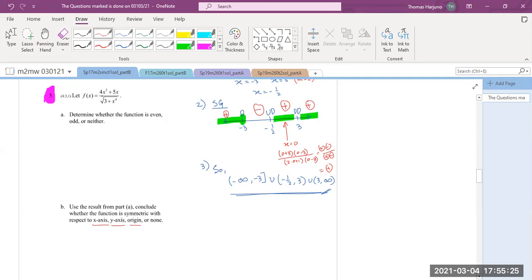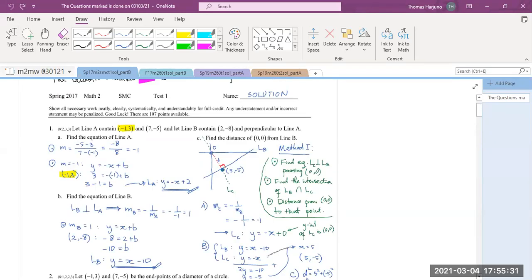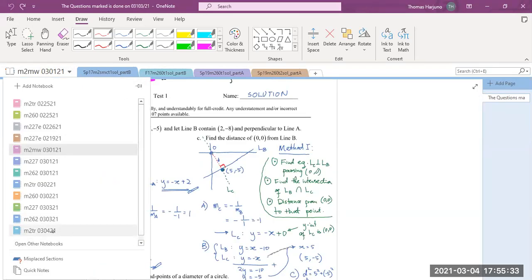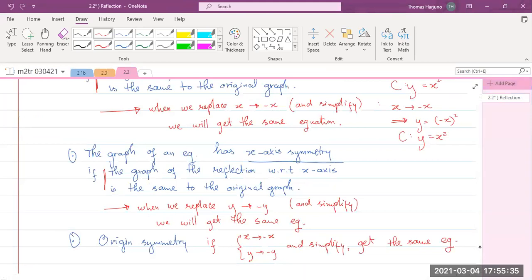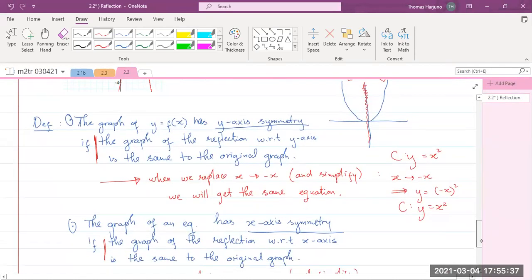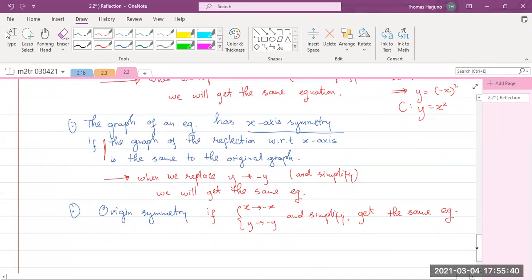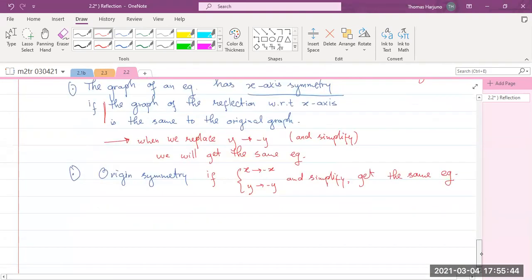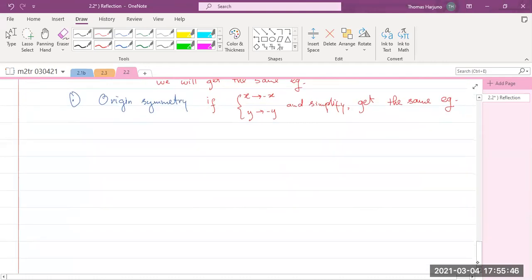So it has something to do with this later on. Let me go back to what we do today. These are the foundation when we do reflection and what we call y-axis symmetry, x-axis symmetry, and origin symmetry.